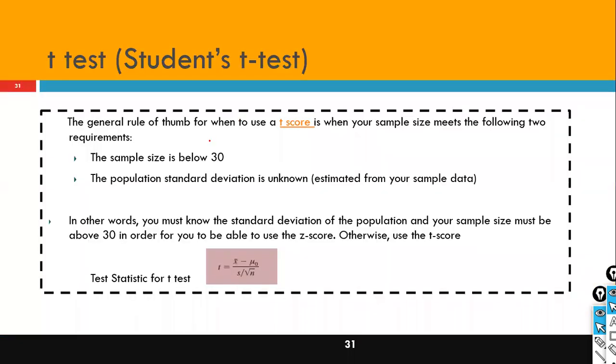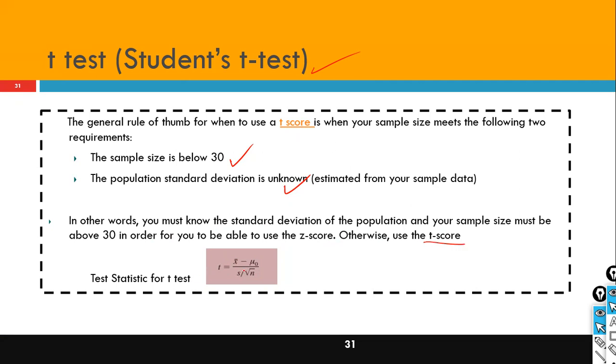But there is a rule here: if you don't know the population standard deviation, and also if the sample size is less than 30, then only you can do the t-test. In other words, you must know the standard deviation of the population and your sample size must be above 30 in order to use the z-score, otherwise use the t-score.